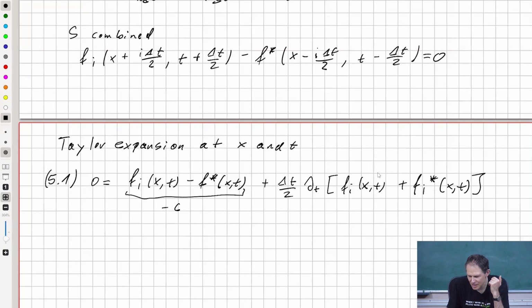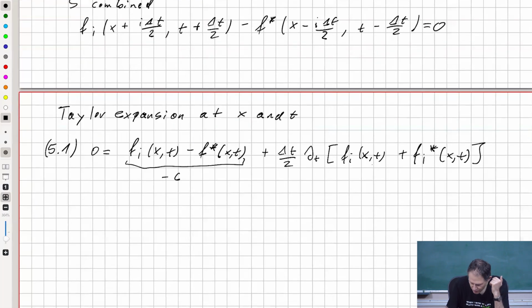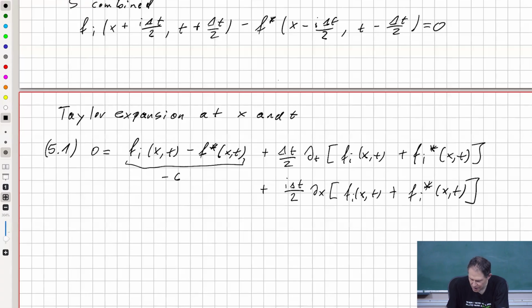So now we have here the sum. Plus, we have to do this in the other directions too. So in the x direction, c_i Δt/2 ∂x. Now, here's the same, plus, plus, minus, minus, yeah. So we end up with f_i(x, t) plus f_i asterisk (x, t).